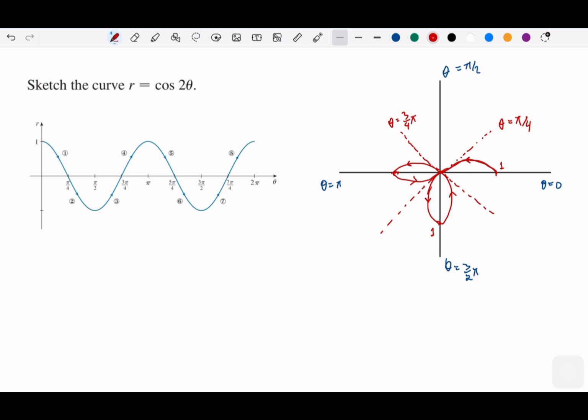After 5 pi over 4, we increase again to 3 pi over 2. We suspect from this line we need to go here, but since it's negative, it goes here. So from this, and then go up.